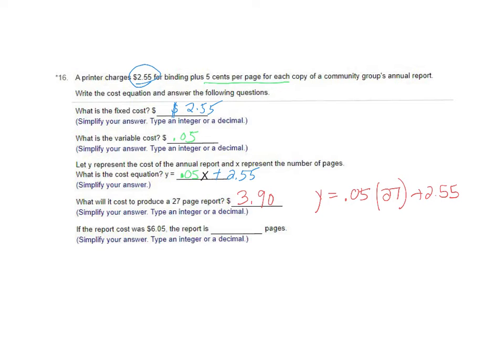If we look at the next one here, it asks us if the report costs $6.05, how many pages? So this time the $6.05 goes in for the y, which is the total cost. And we're going to have equal to 0.05x plus $2.55. So this time we're actually solving the equation, not just doing order of operations. So we're going to have to subtract $2.55.